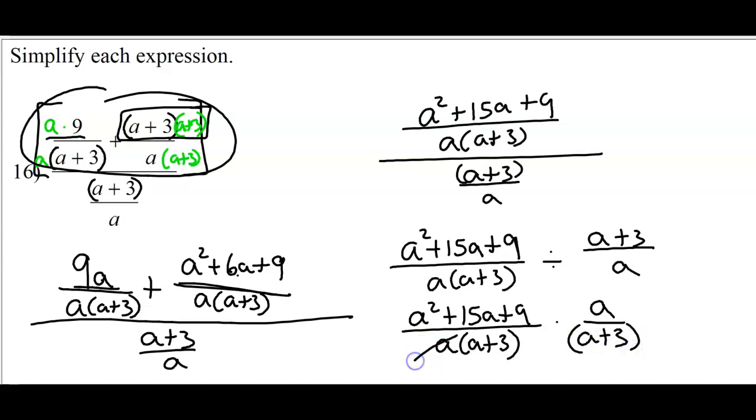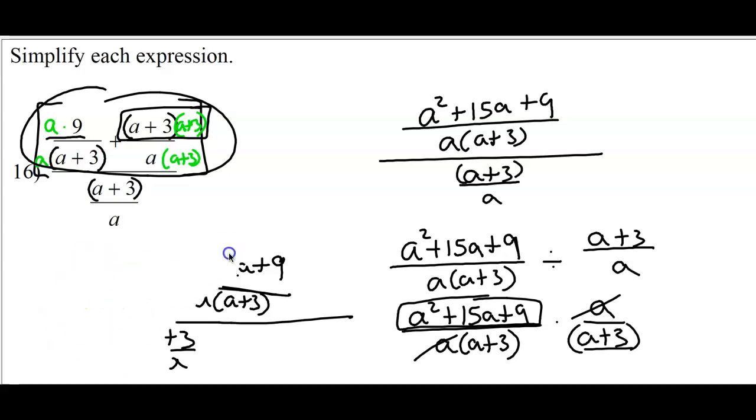In this case, these a's can cancel out. This thing here doesn't factor, so I know it's not going to cancel anything here. So I'm pretty sure what we're going to have as our final answer then will just be putting those two fractions together.